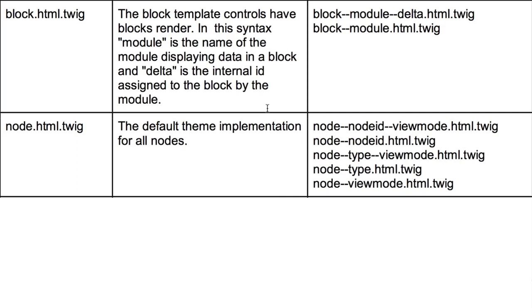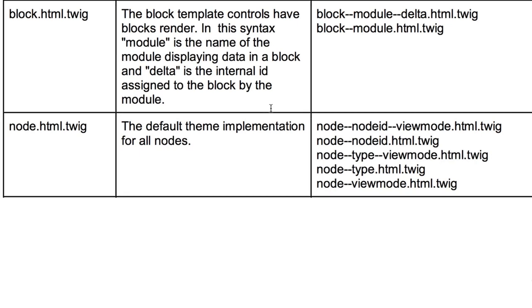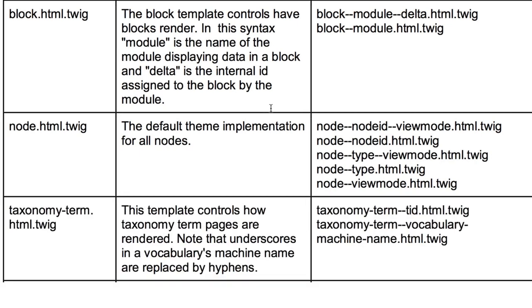Node.html.twig, this is the one we most often change. This is how we format our nodes nicely. And so, for instance, node-type.html.twig, that would be node-article.html.twig, would reconfigure all of our article type nodes. Taxonomy-term, this is how taxonomy term pages are rendered.